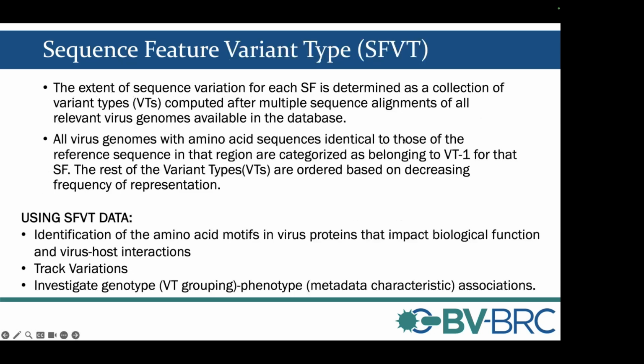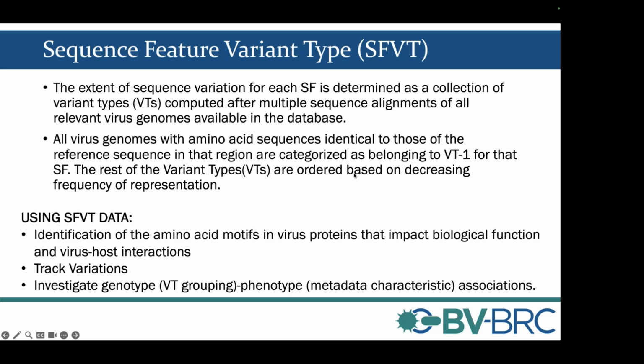Each sequence feature has variant types, and the variant types explain the sequence variation for each sequence feature, and they're computed after multiple sequence alignments of all relevant virus genomes available in the database. All virus genomes with amino acid sequence identical to the reference genome in that region are characterized as belonging to variant type 1.